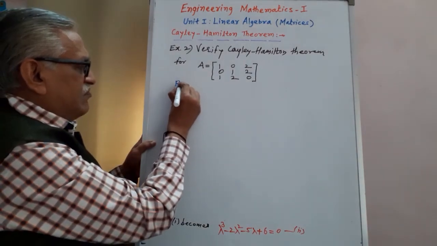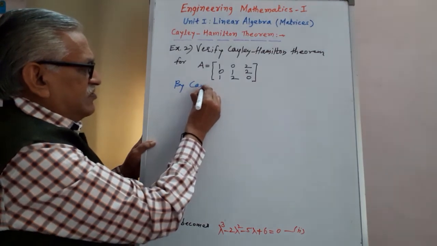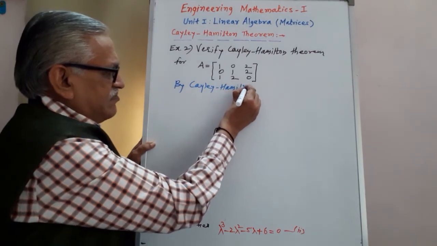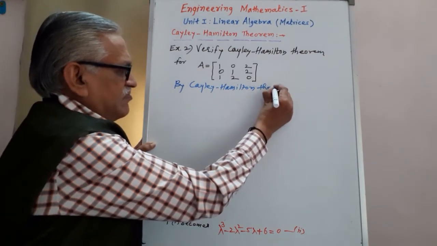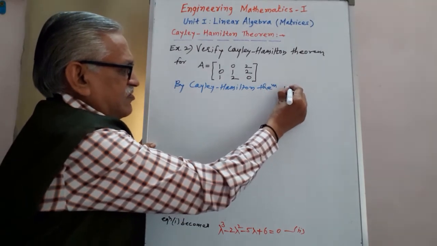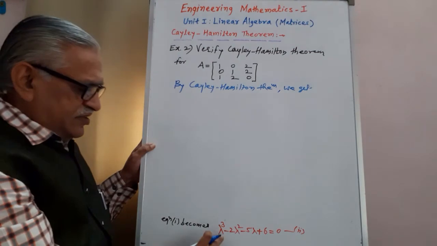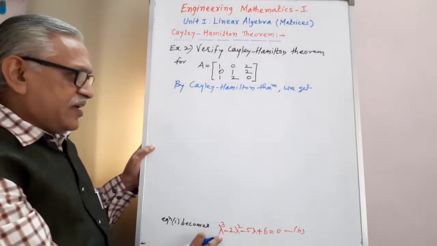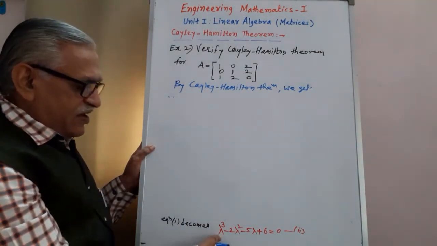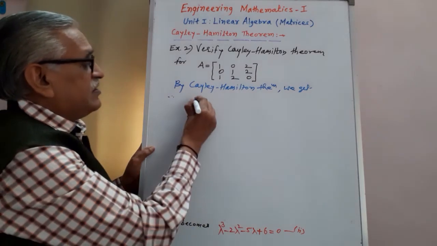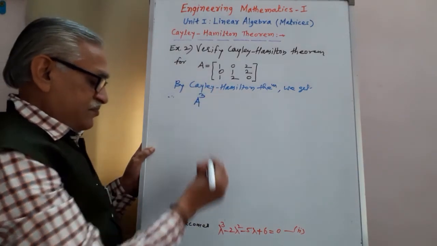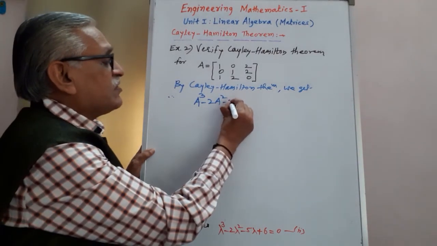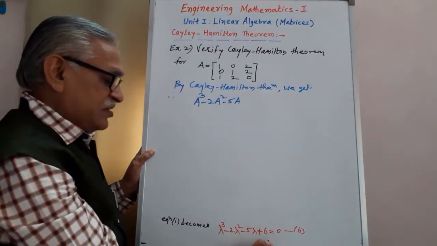Then by the Cayley-Hamilton theorem, whatever equation we have is satisfied by that matrix A itself, and therefore I will replace lambda by A. We get that equation as A cube minus 2A square minus 5A plus 6.